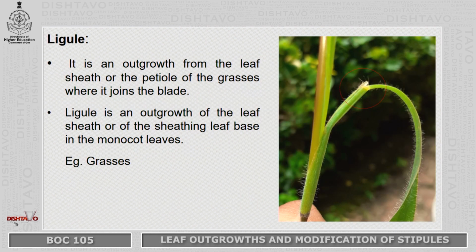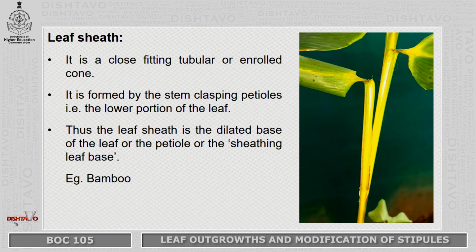The next is a ligule. It is an outgrowth from the leaf sheath or the petiole of the grasses where it joins the blade. The ligule is an outgrowth of the leaf sheath or of the sheathing leaf base in the monocot leaves. This is commonly seen in the case of grasses. Then you have the leaf sheath.